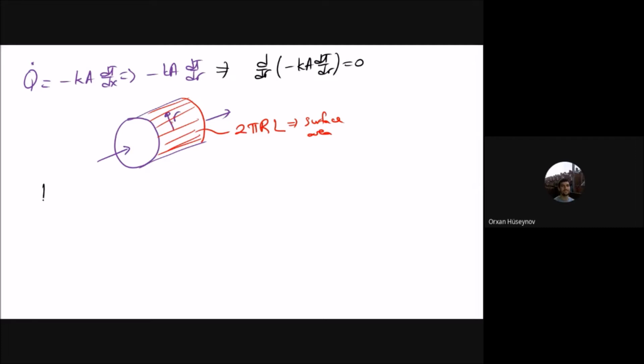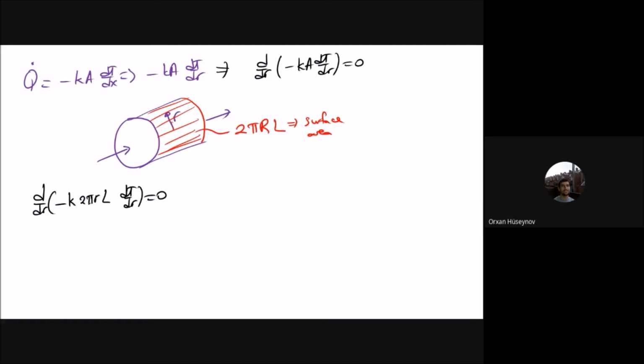And instead of that area, I will just write 2 pi r into L and the dT by dr. Okay, that will be equal to 0. And this will be the conduction heat transfer for the cylindrical coordinates.